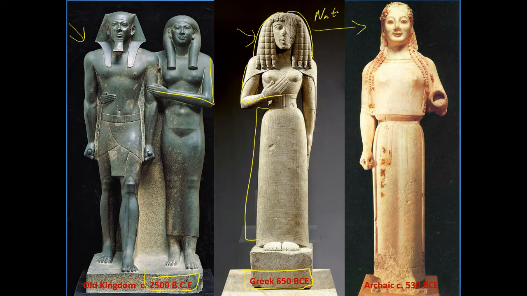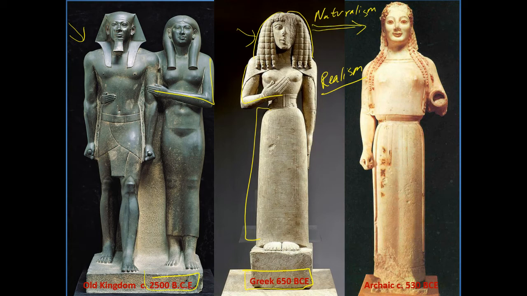And if you remember the word naturalism, I like to separate naturalism and realism, because realism to me means I'm going to paint or create something as it really looks. But naturalism means I'm going to make it look like it could be real.